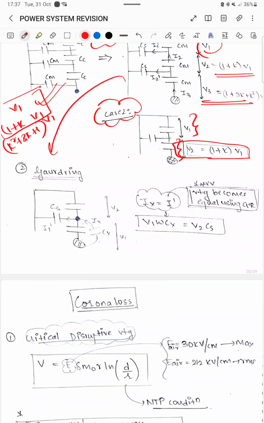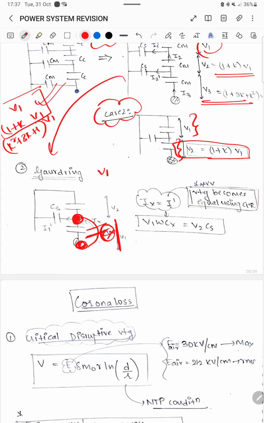Fine. Then guard ring concept. If you want to make that uneven voltage distribution even, we'll use the guard ring concept. If we short these two ends and put a capacitor there, the potential at both ends would be the same. For example, V1 into omega C1x will be equal to the potential at that point, that is V2 into Cs.